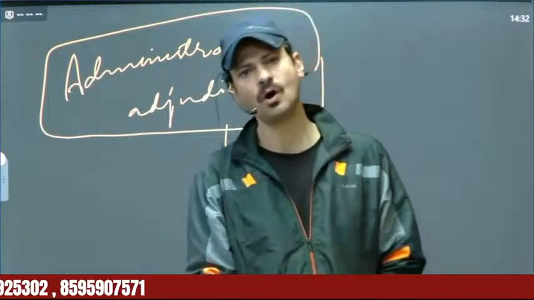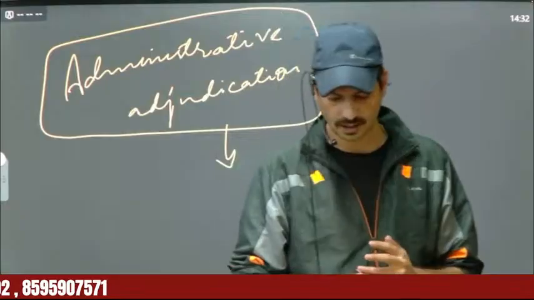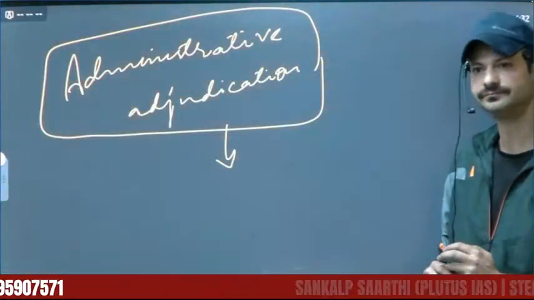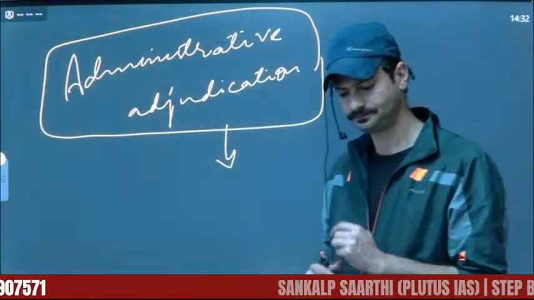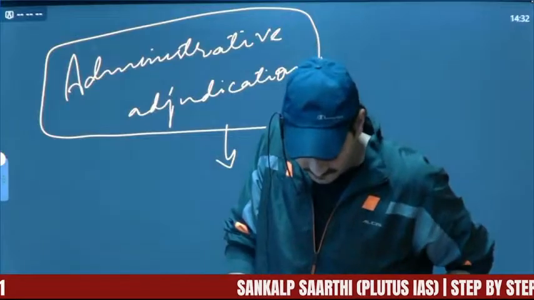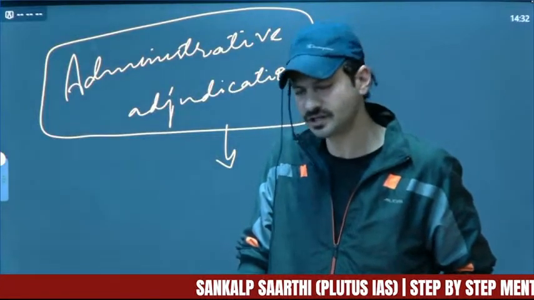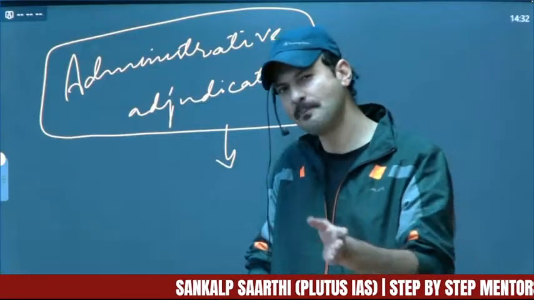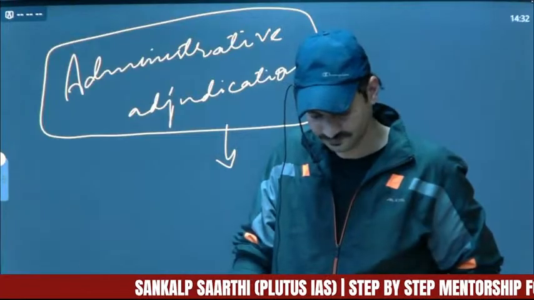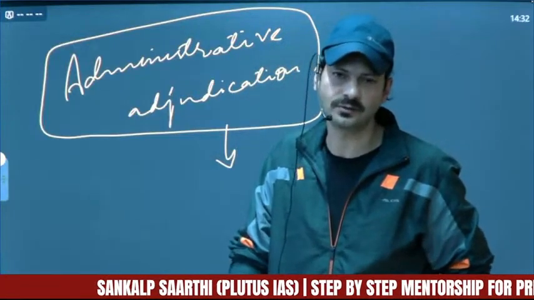That's why modern governments resort to something called administrative adjudication. So these systems have developed with specialized mechanisms for dispute resolution, but in the ambit of legislature, executive. And this mechanism is known as administrative adjudication.